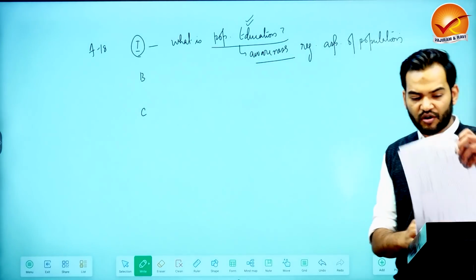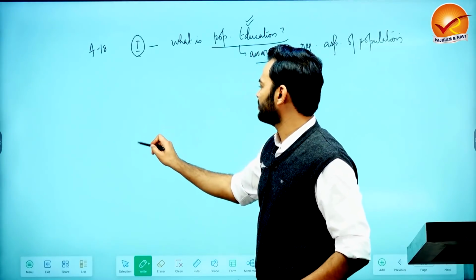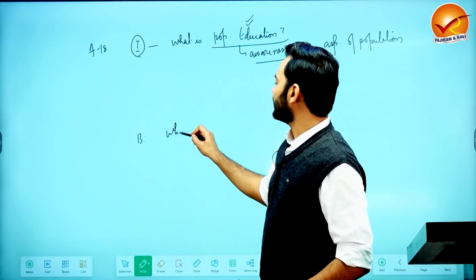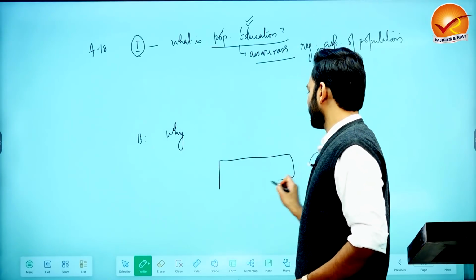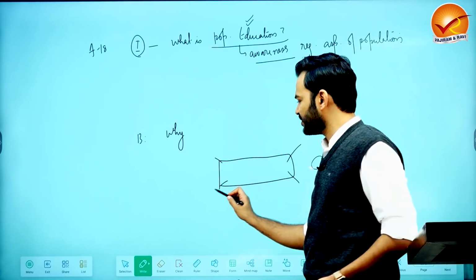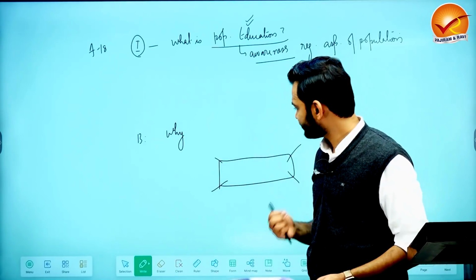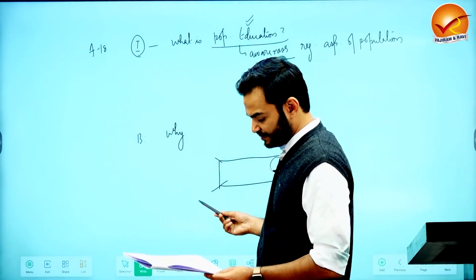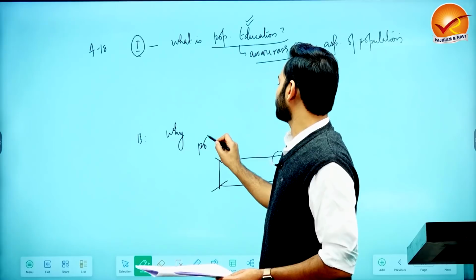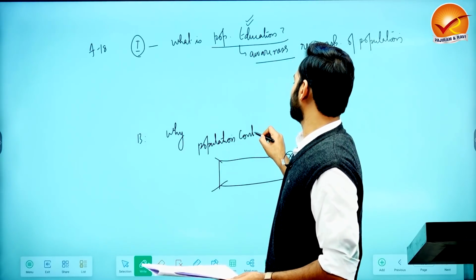Now, what are the main objectives of population awareness? In body you write, why India needs population education. So what are the objectives of population education? So, in order to control the population, India has one of the highest population in the world.